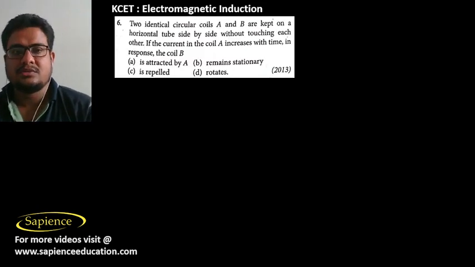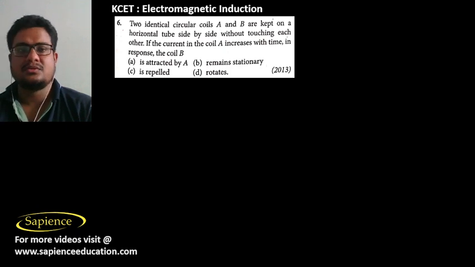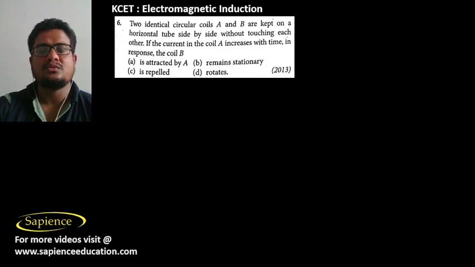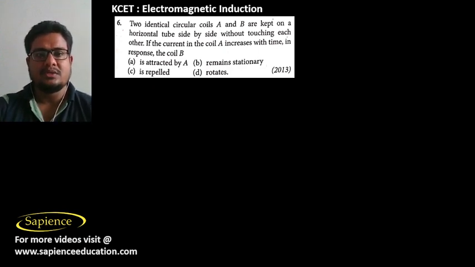Then in question number 6, it's told two identical circular coils A and B are kept on a horizontal tube side by side without touching each other.